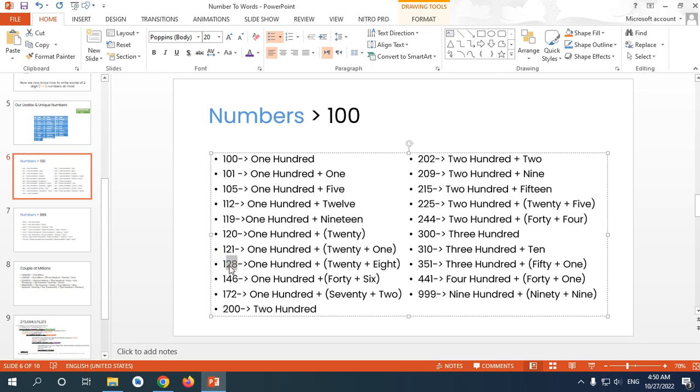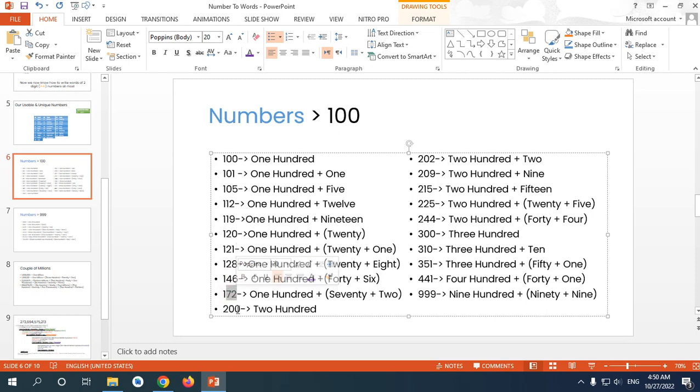We have 128, the same logic applies. We have 100 here, we have 28, the tens of 28 is 20, and the remaining of 28 is 8, so it's 100 plus 20 plus 8. 146 is the same, the tens of 46 is 40 plus the remaining, which is 6, so 146. It's the same for the remaining.